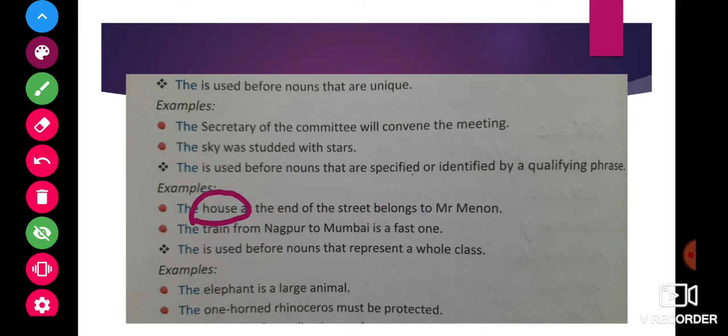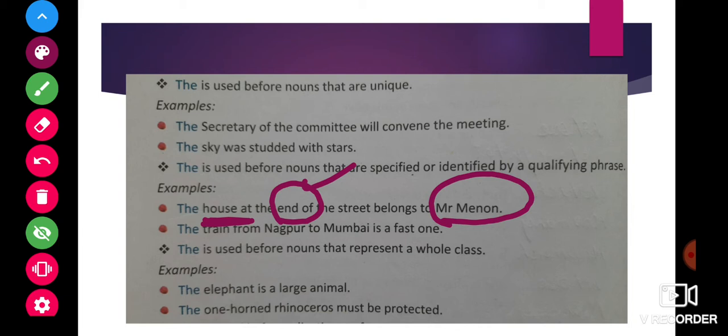At the end of the street there can only be one house, and that one house belongs to Mr. Menon. So we are referring to the unique, the specific house. So in case of that specific house we have used the.